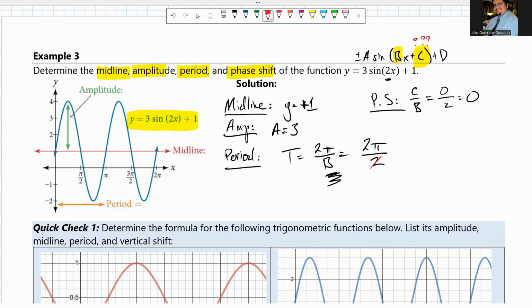You guys see the 2's cancel. So my period is pi. This is telling me that the original vanilla version of sine and cosine has a period of 2 pi. By computing this, I got that this period should be pi. So I should get one repeating cycle of sine and cosine within pi.